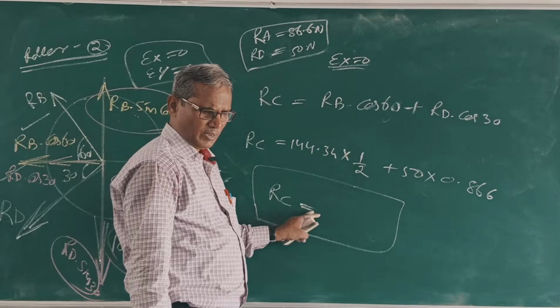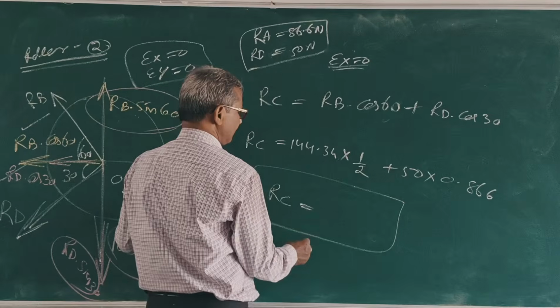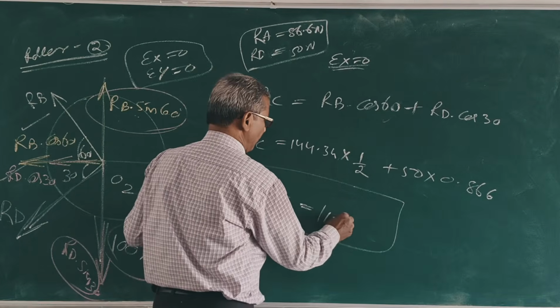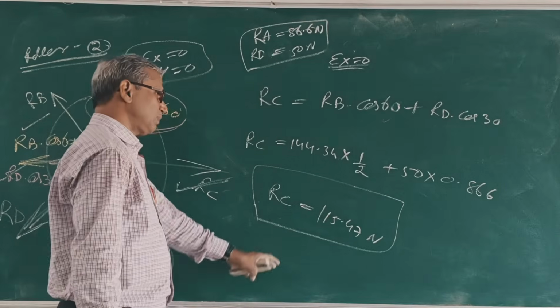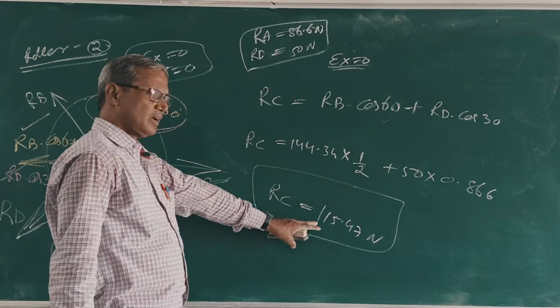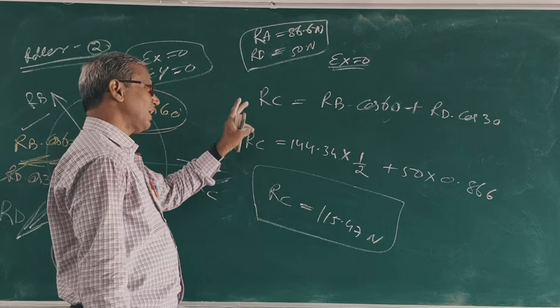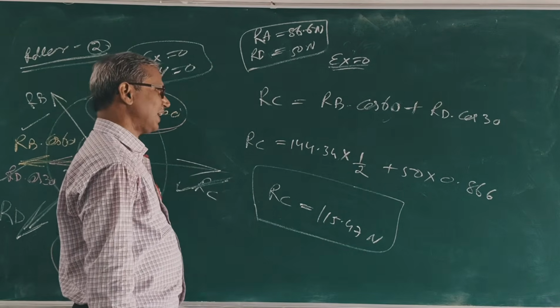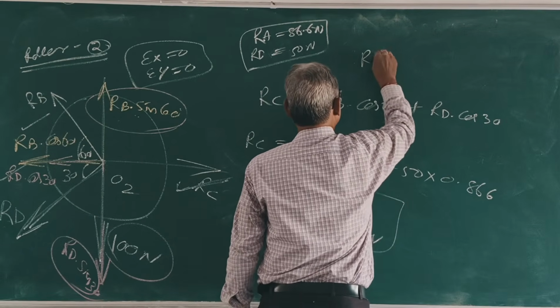This value may be 115.47 Newton. Clear? So our answer is RA, RB, RC and RD. What is RB equal to? 144.34 Newton.